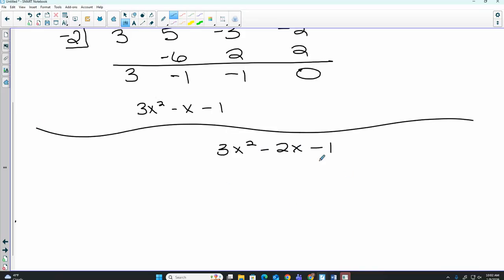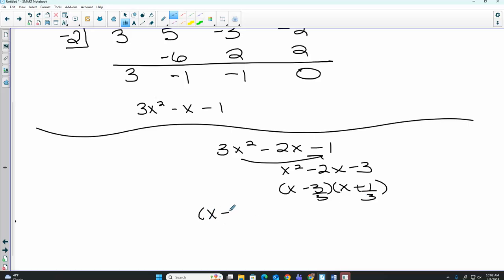What would you do then? Okay, so that factors into x minus 3, x plus 1. Divide our 3 back. So we get x minus 1, 3x plus 1.